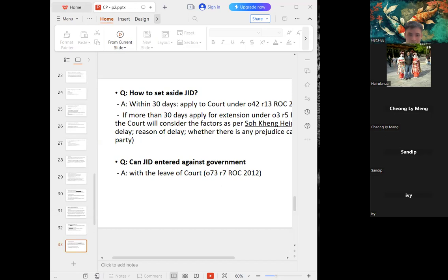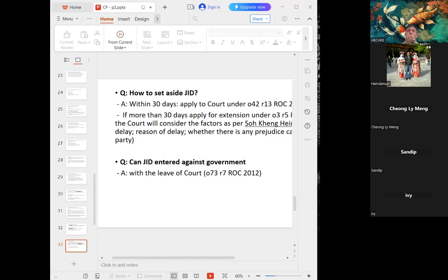Actually, Order 62, Rule 6 is a general explanation on how to serve the documents. Just to share with everyone, when you are doing a litigation case, you are not only serving a writ of summons, originating summons or the affidavit. You have a lot of things to serve. For example, if we are going for full trial, prior to the full trial there will be exchanging of bundles, and a lot of documents involved.